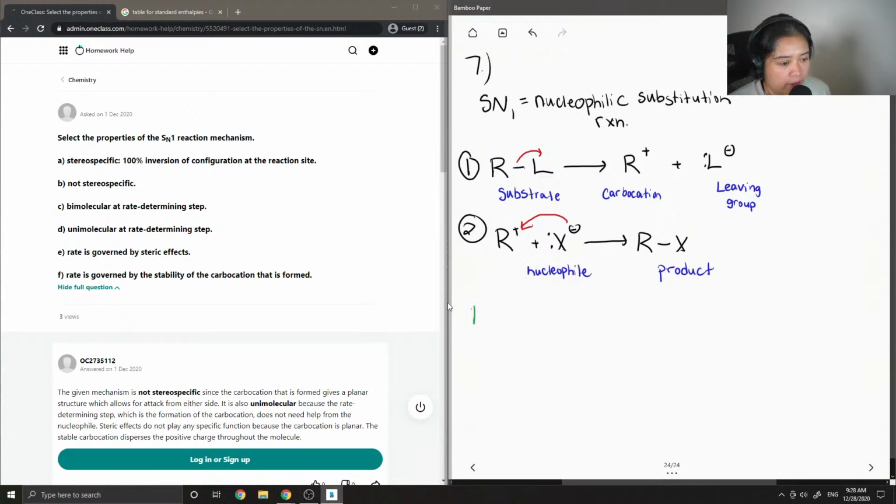So the answer is that it's B. So it is not stereospecific. And the reason for this is because our nucleophile can attack from any side.